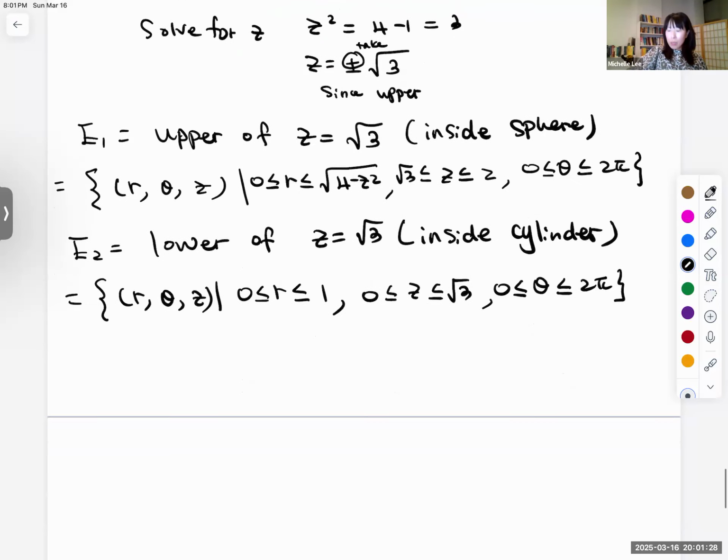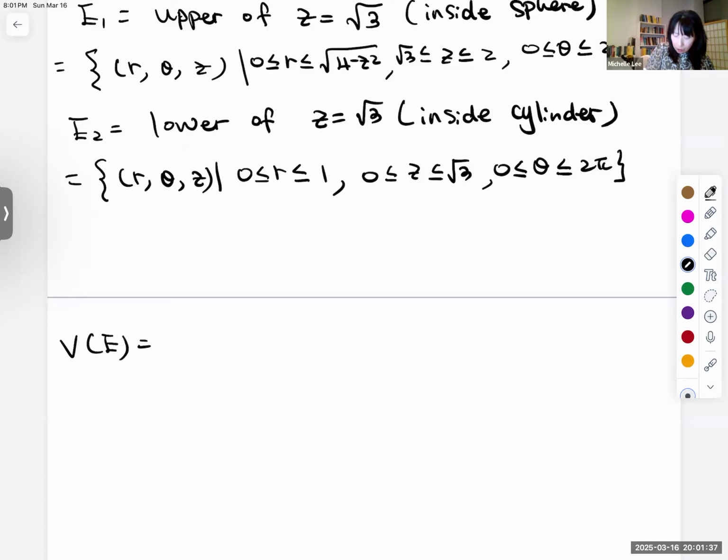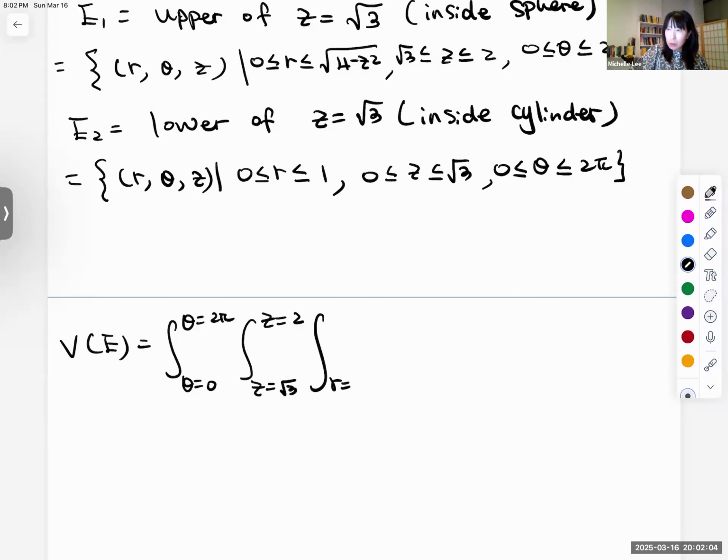Now we add the two regions to get the volume, right? So the volume of E, theta is the last, 0 to 2 pi. And then z is the second, because we have to order r, z, theta, right? So z from square root of 3 to 2, and then r equal to 0 to square root of 4 minus z squared.